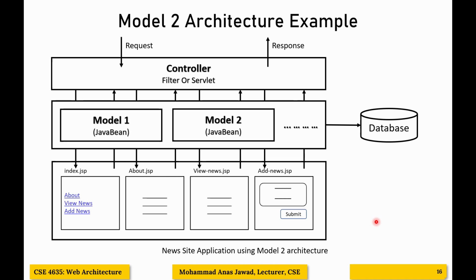Now, if we want, we can hire a separate group of developers for our presentation logic and a separate group of developers for our business logic. So we do not have to worry about separation of concerns anymore, because all the presentation logic and business logic are properly separated by using these two layers here.